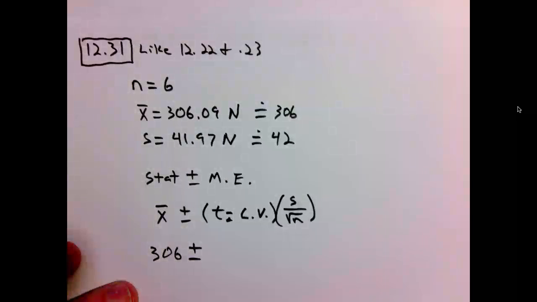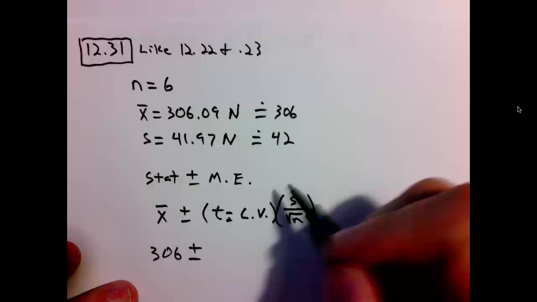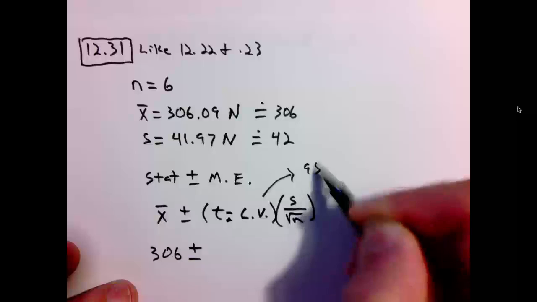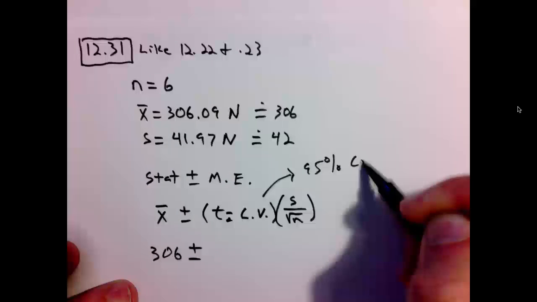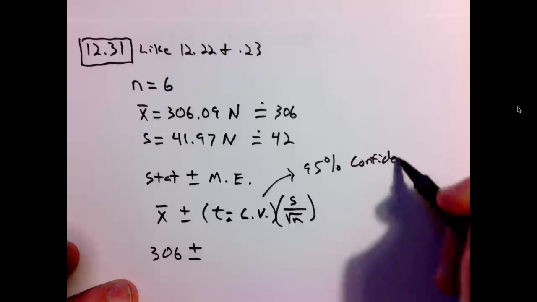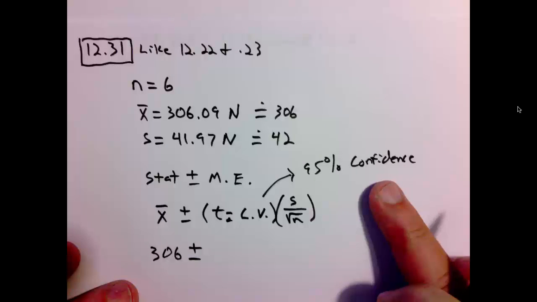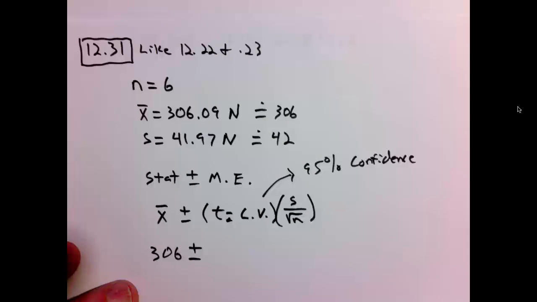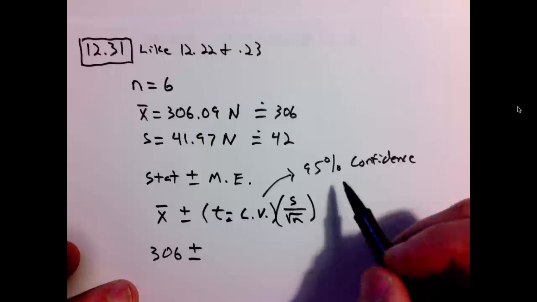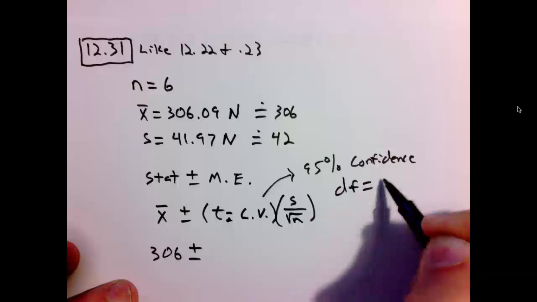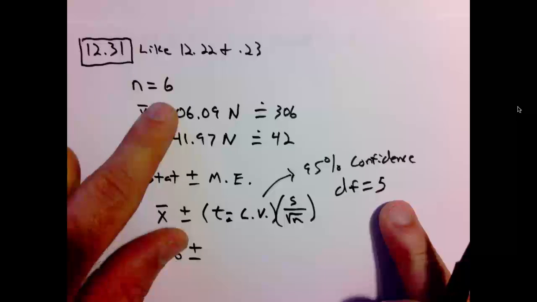In lieu of a given confidence level, we're going to use 95% as our default. Oftentimes that's the standard of 95%. We want to be correct 19 times out of 20. So we're going to do 95% confidence, and we know that our degrees of freedom is equal to 5 because our sample size is 6.